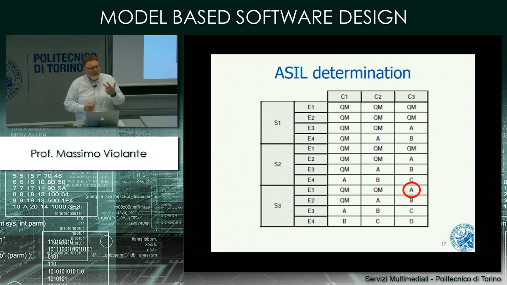Here, we are very high in terms of severity and controllability. We can get badly hurt and we can't control. But luckily, exposure is low. The probability of being in an incident is low. So the result of the hazard analysis and risk assessment is just A. Okay?